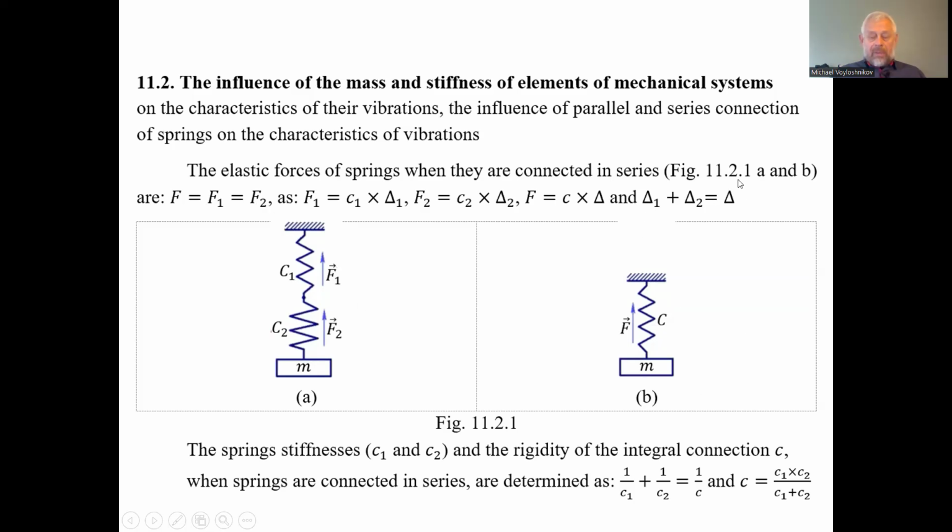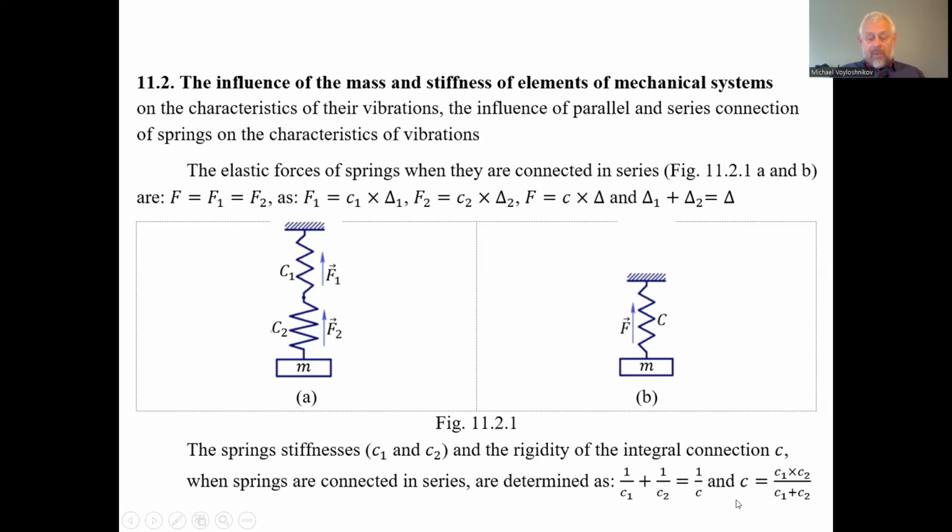And after the substitution, after canceling the common factors from the resulting equation, we will have the relation among the elasticity characteristics of the equivalent spring, C, and the stiffnesses of the two original springs connected in series, in the indicated relation.